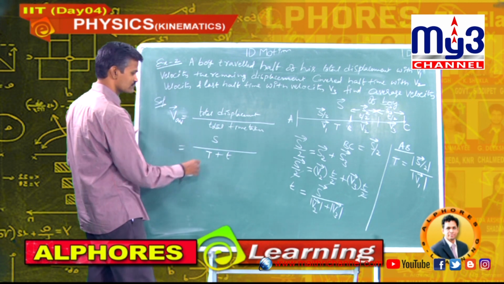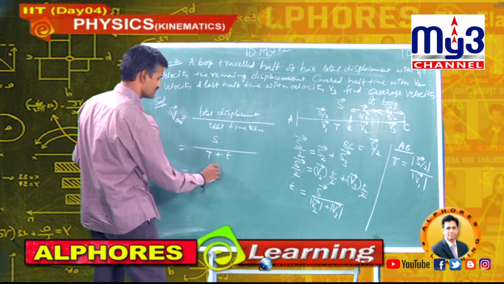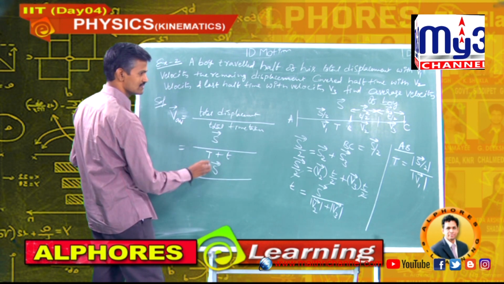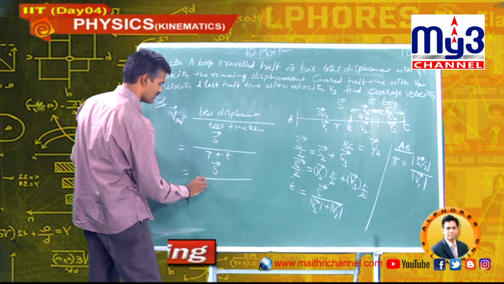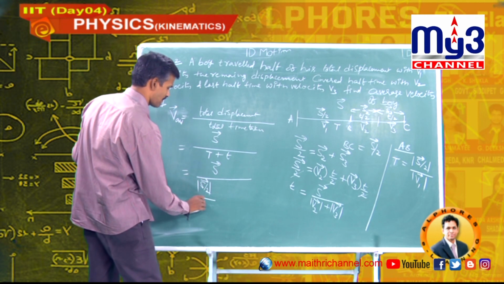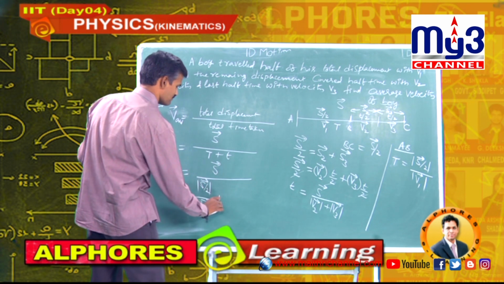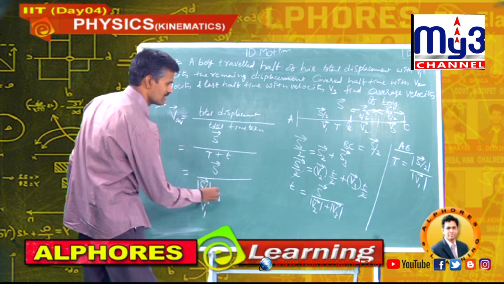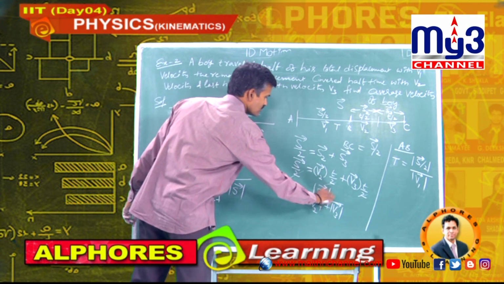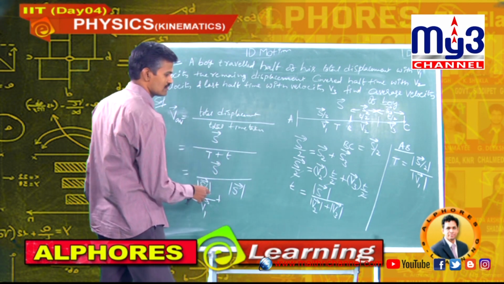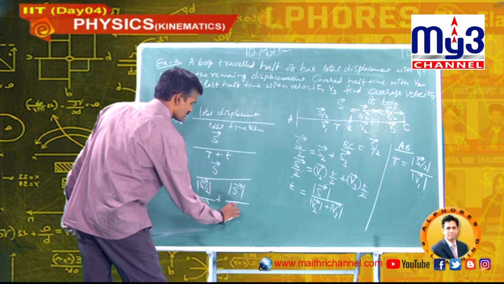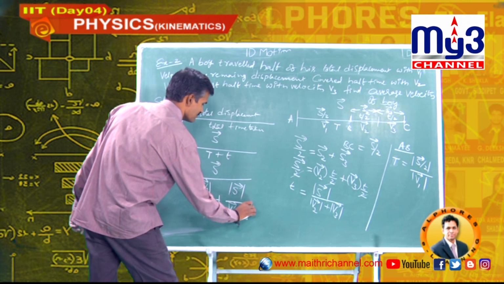So on substituting, this is S bar by total time, that is S bar mod by (S by 2 bar mod by V1 bar plus S bar mod by V2 bar plus V3 bar mod).